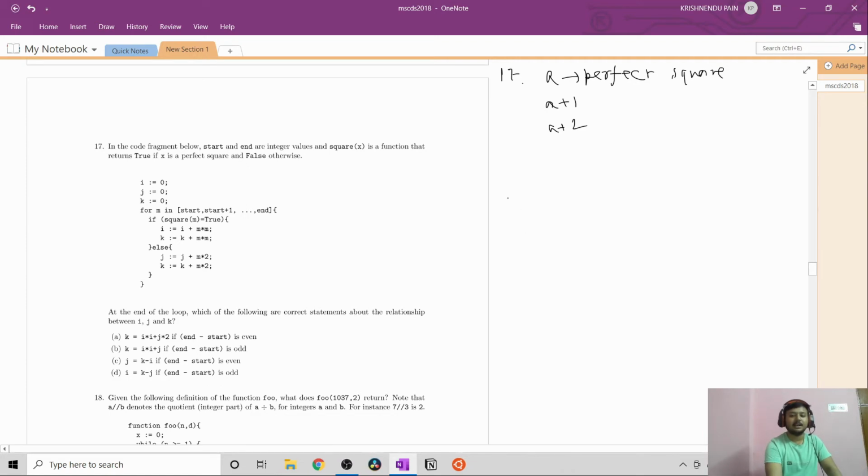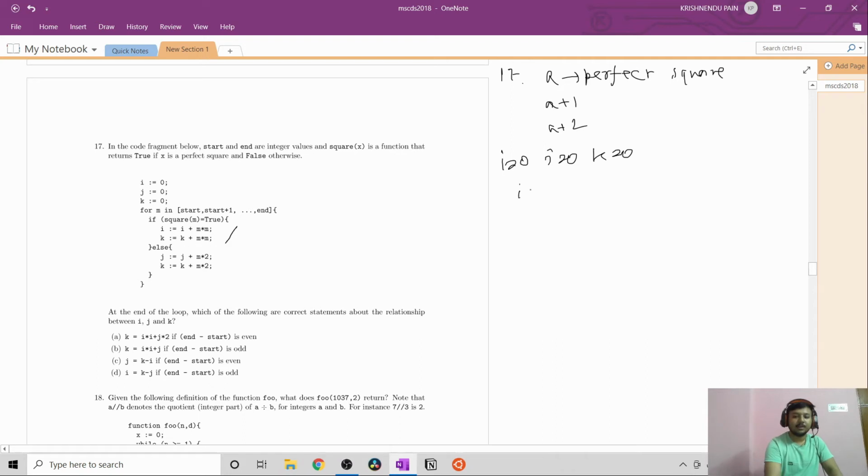So at first I equal to 0, J equal to 0, K equal to 0. So for A, which means start here, the first number, if square M is equal to true, yes, A is a perfect square and it will return true, then this part will be executed.